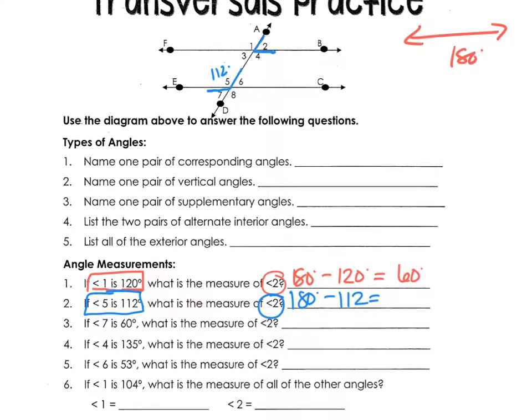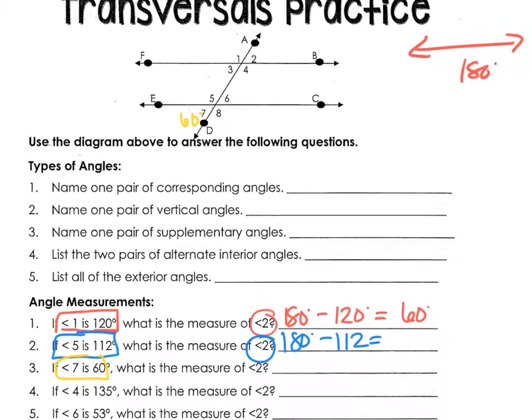Number 3, if angle 7 is 60 degrees, what is the measure of angle 2? So we want to look at angle 7. We want to see if we're going to have to subtract or if it's going to be the same measurement, because it could be. Angle 7 is 60 degrees.